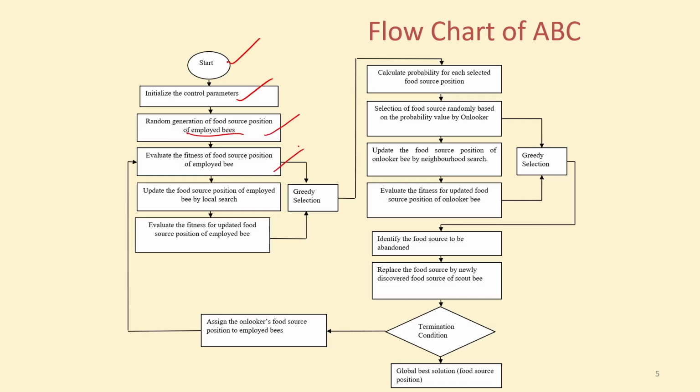Remember, in PSO it is particle position, whereas here it is food source position. Evaluate the fitness of the food source position. Apply the food source position by a local search, because some bees go to garden 2, some go to garden 4, some go to garden 2.